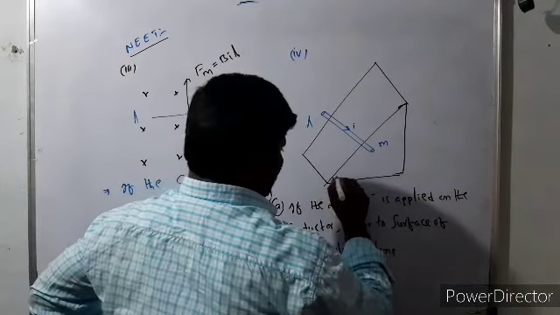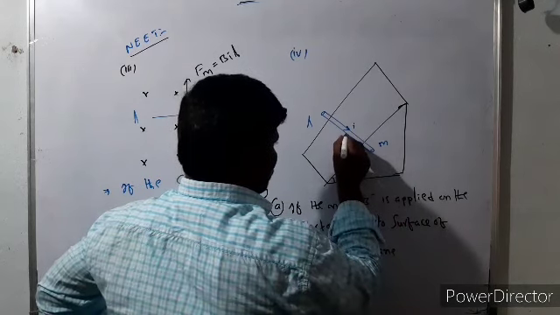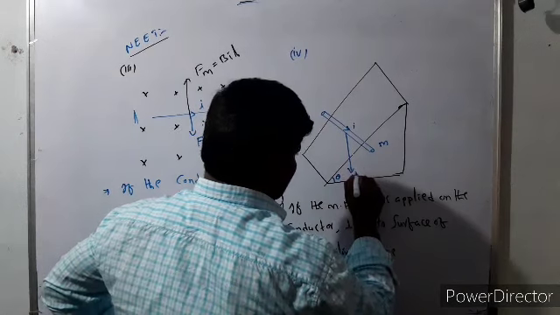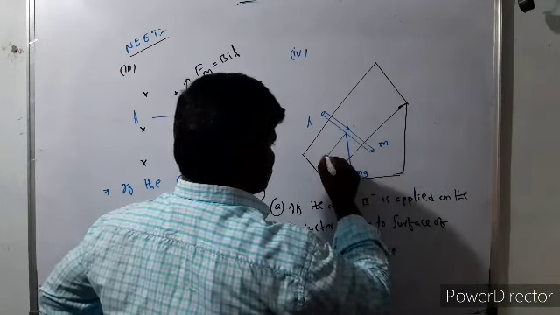Let theta be the angle of inclination. If M is the mass of the wire, its weight mg always acts vertically downwards. Mg.